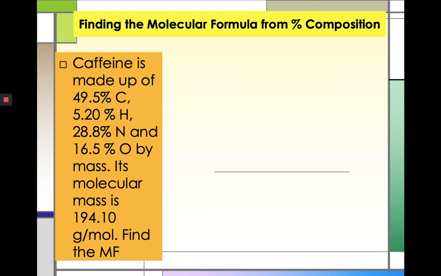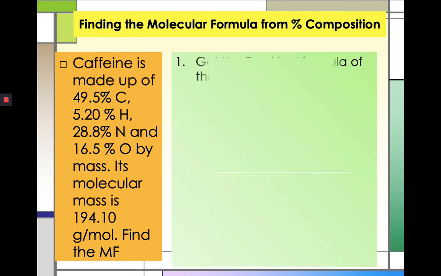Caffeine is made up of 49.5% carbon, 5.20% hydrogen, 28.8% nitrogen, and 16.5% oxygen. So this is an organic compound, and you see a handful of elements there. Its molecular mass is given as 194.10 grams per mole. Now we are asked to find the molecular formula.